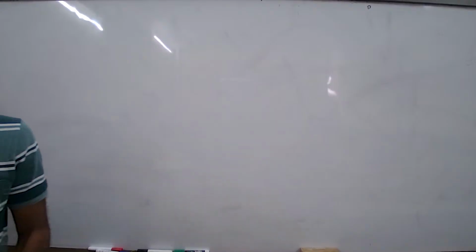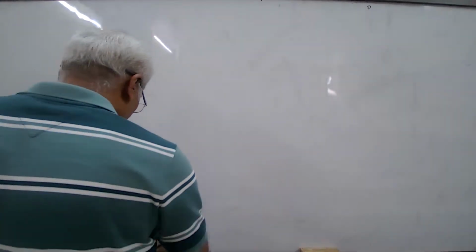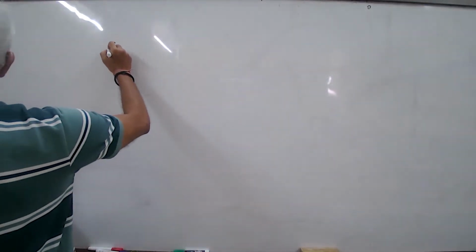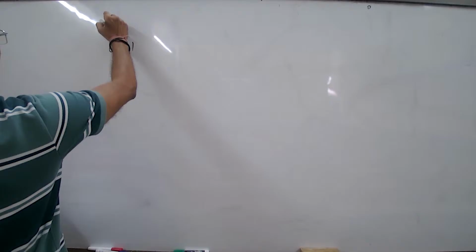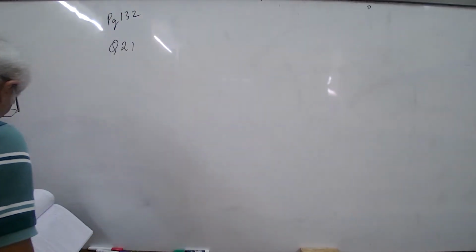All right, so we have 21 to 37. Let's see how many we are able to do, with this and the book exercise. So we have to start at 21st. Page number 132, question number 21.